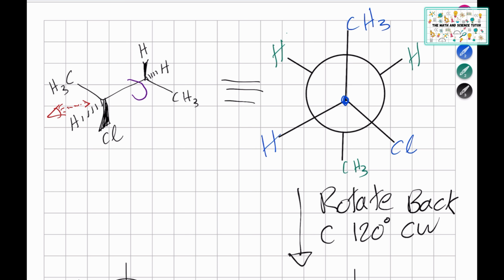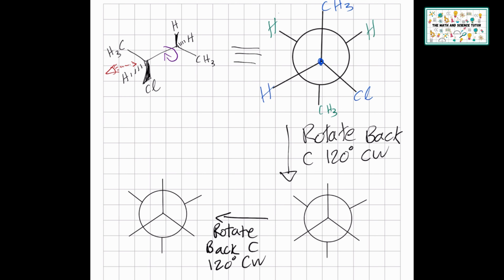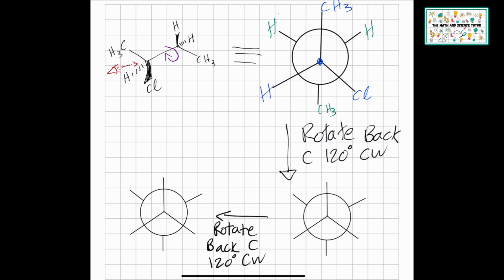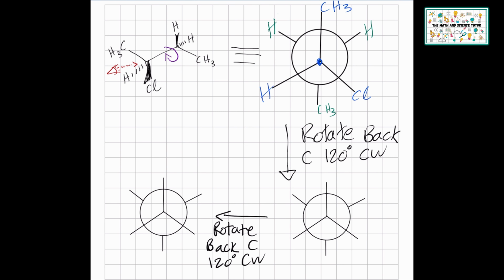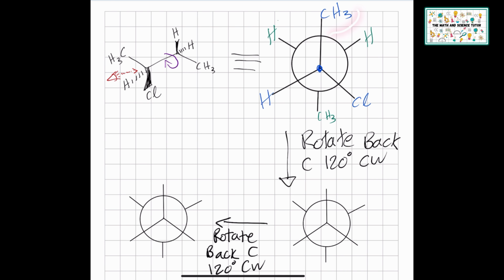So this way. The backbone structure is going to stay the same because we have rotated it 120 degrees. If you were asked to rotate it 60 degrees, then it won't be the case, and we'll see that later. So since we're asked to rotate only the back carbon 120 degrees clockwise, the front carbon is going to stay the same. So we just copy those over.